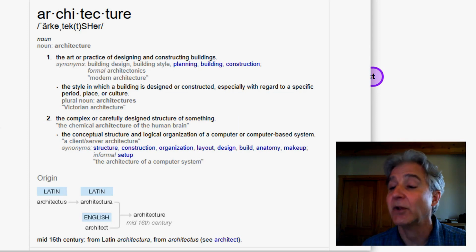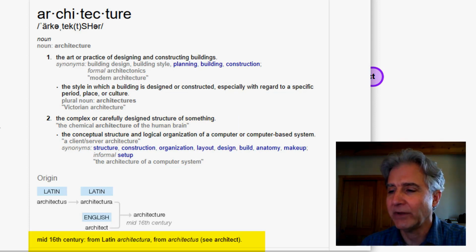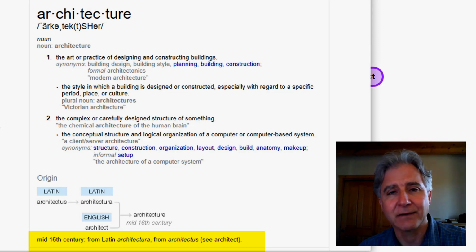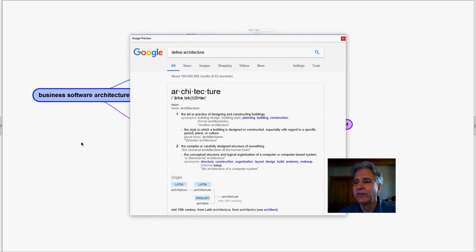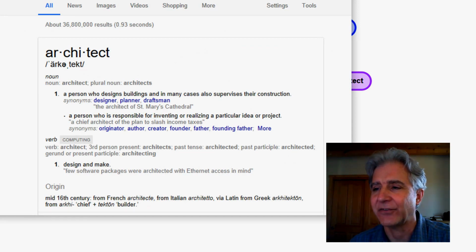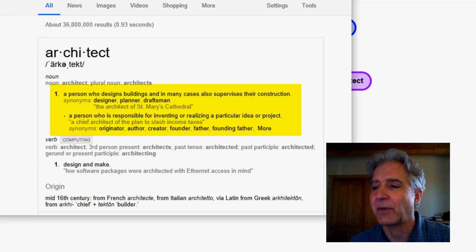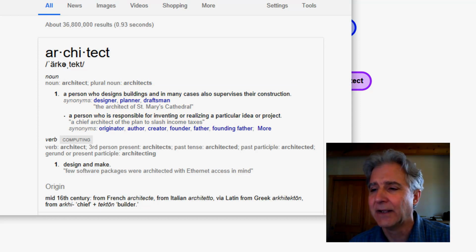And by the way, if we look down here at the root of where that came from, it points us to architect. All right, so what is the definition of architect? Once again, the definition that they have is a person who designs buildings, or the person who's responsible for inventing or realizing a particular idea or project.